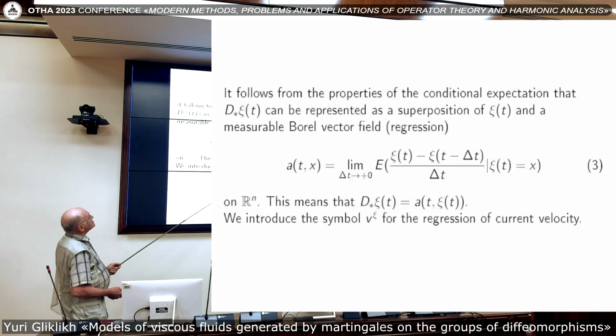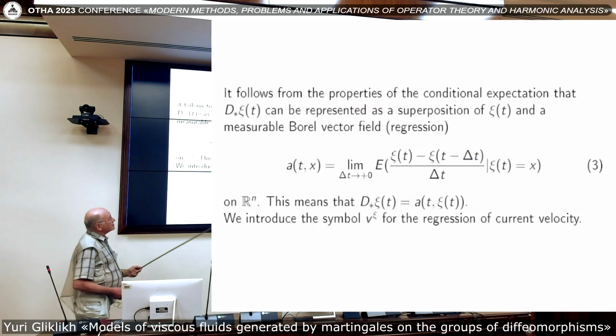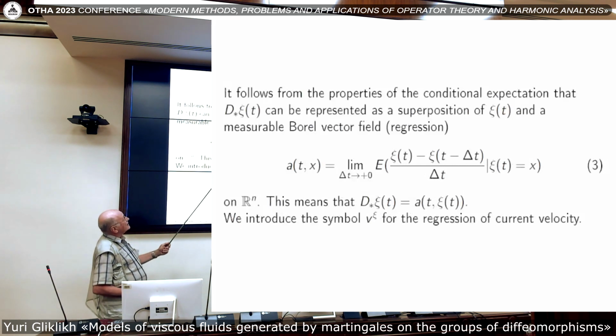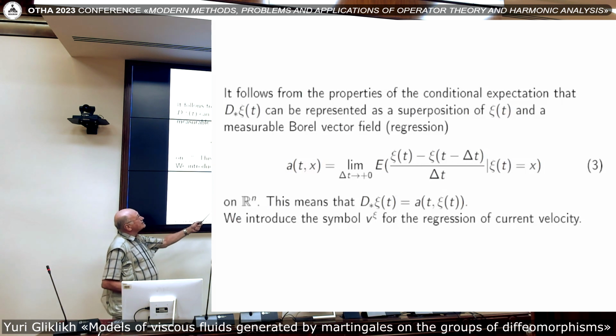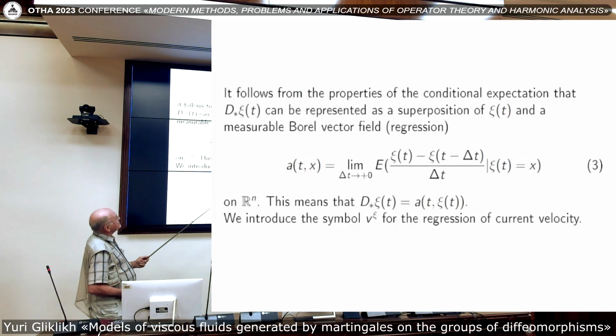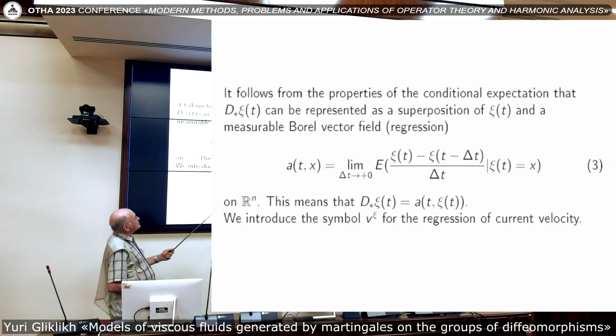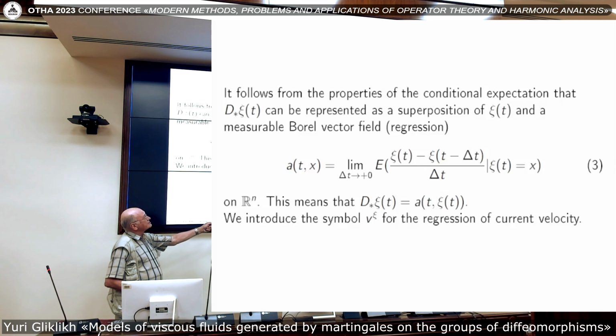And some properties. First of all, it's an idea of Doob that any conditional expectation can be described as a composition of some Borel measurable vector field with the process.